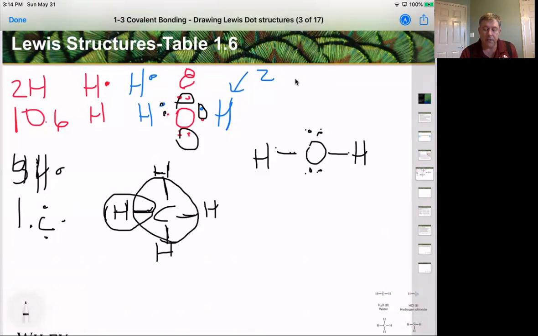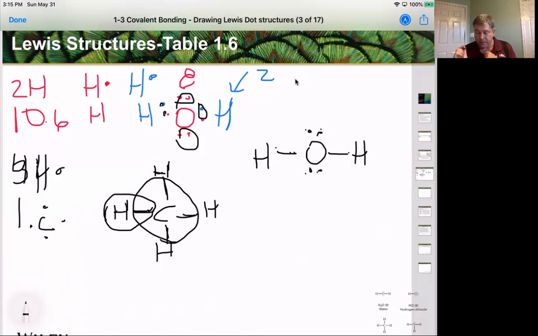Carbon is able to share those 8 electrons, and therefore it has a complete outer shell. So what's important to note here is that we have 4 bonds to carbon, and it's bonded to hydrogen 4 times, 4 different hydrogens, but there are no lone pairs because all 4 of its valence electrons are being shared with the 4 bonds to hydrogen.